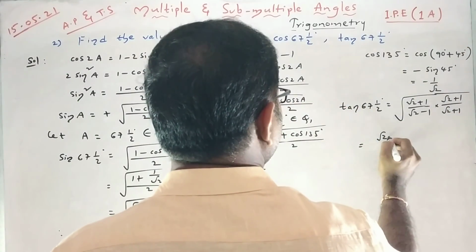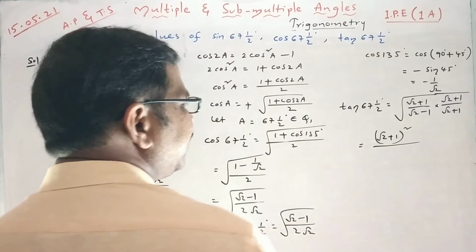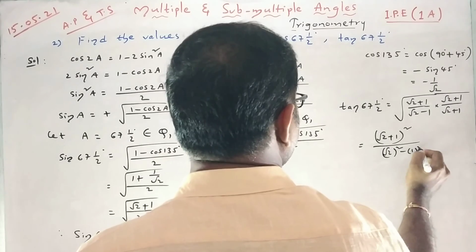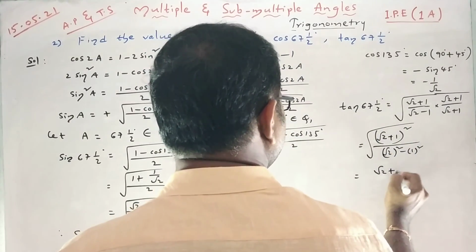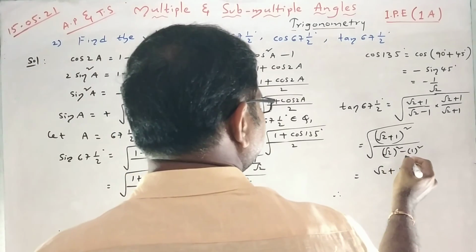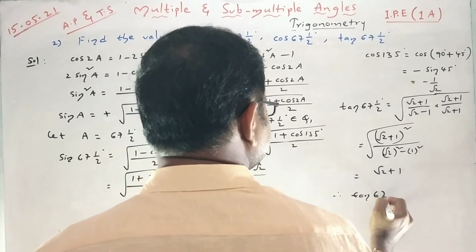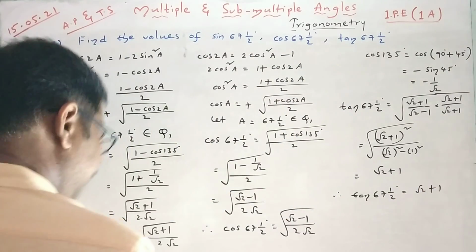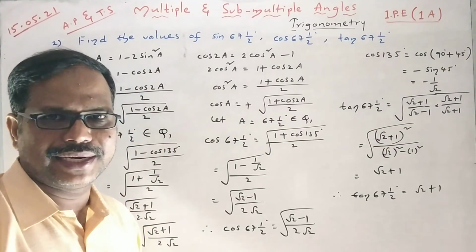Then we will get root 2 plus 1 whole square by, it looks like a plus b into a minus b, so a square minus b square, under root. So here the square root gets cancelled, root 2 plus 1. Here we will have 2 minus 1, that means 1. So tan 67 and a half degrees value is root 2 plus 1. So that is the end of solution. Hope it is clear. Thank you.